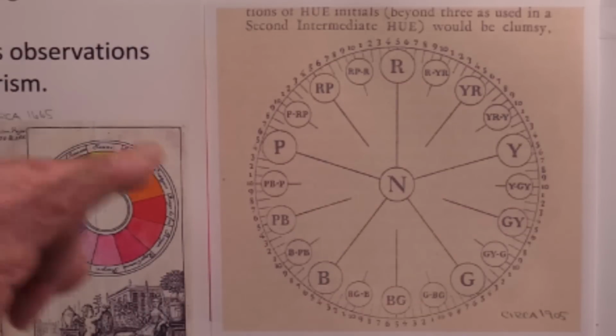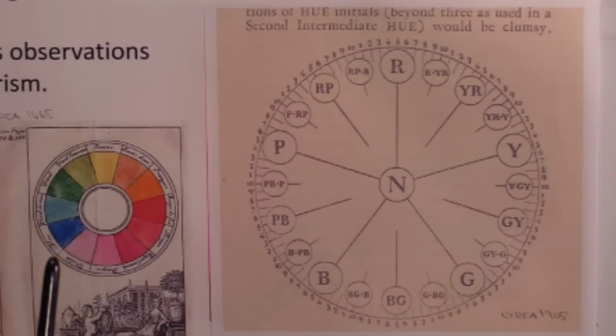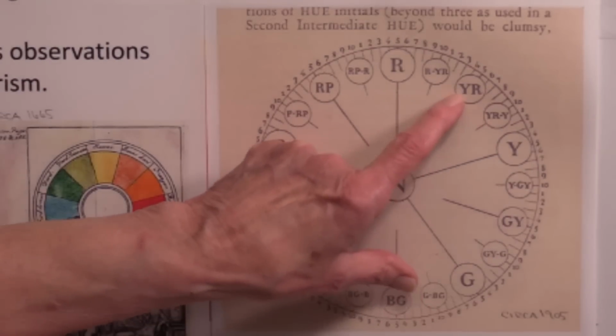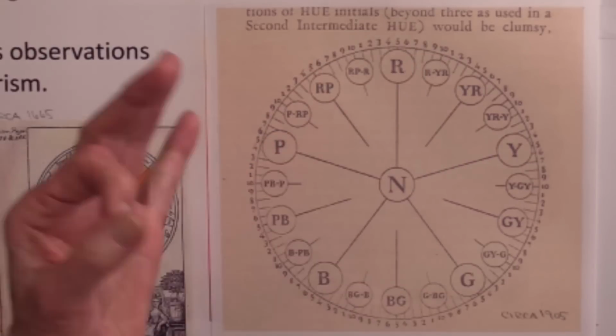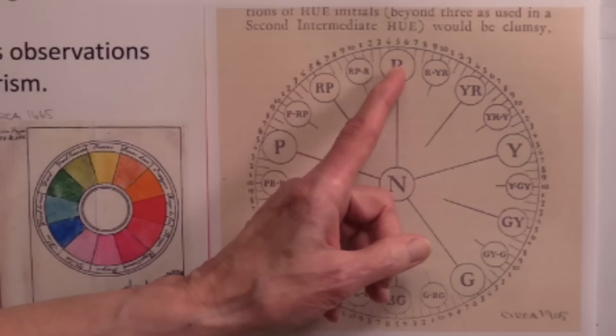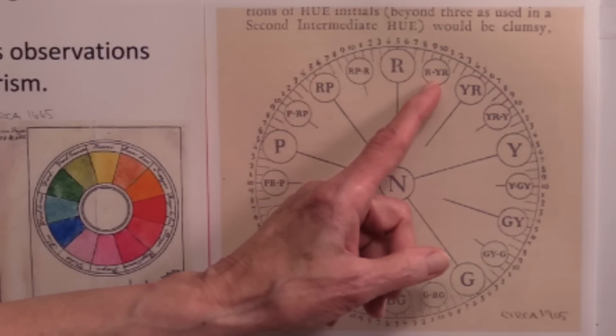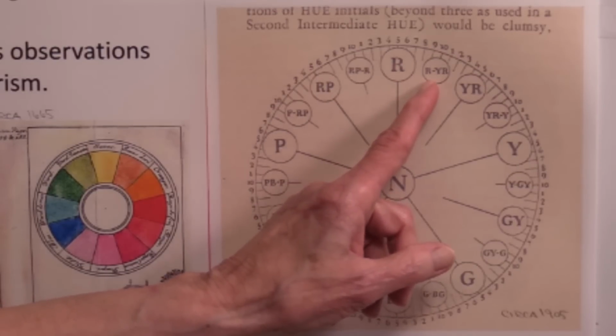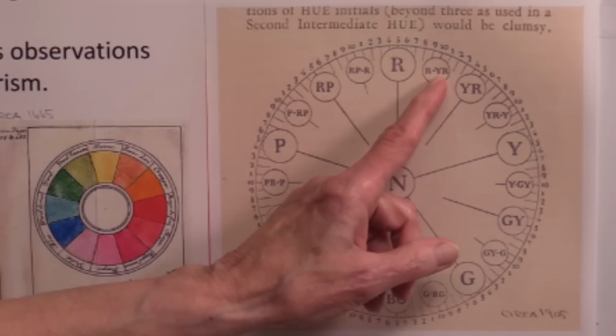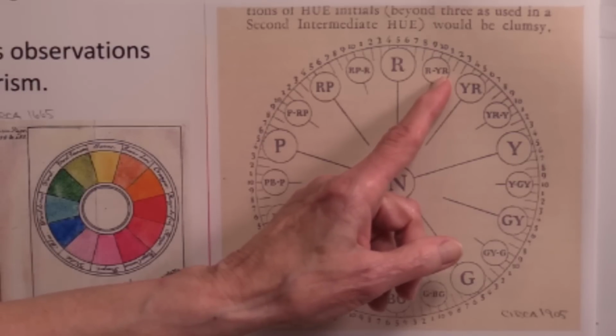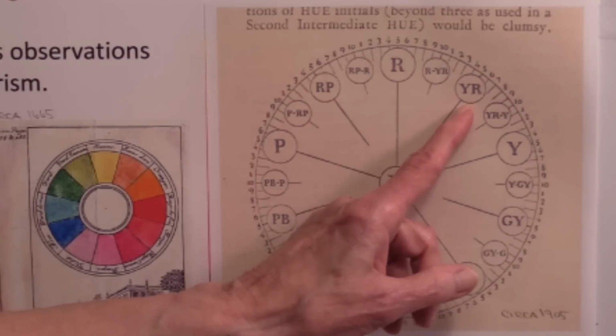By the number of times the letter appears for the color, they get indicated in this little system right here. So red appears as R. Red, as it begins to lean towards orange, becomes red hyphen yellow, red. And then it becomes yellow, red, and so on.